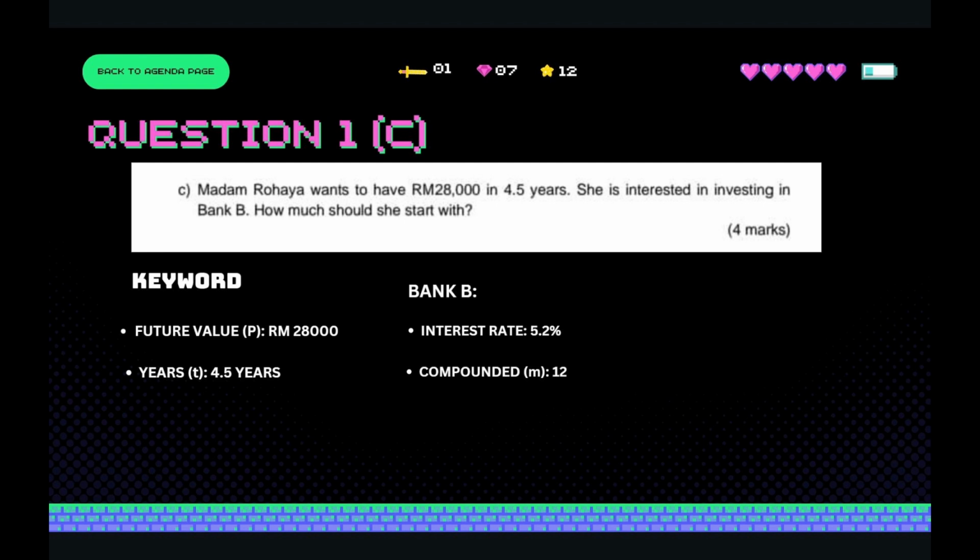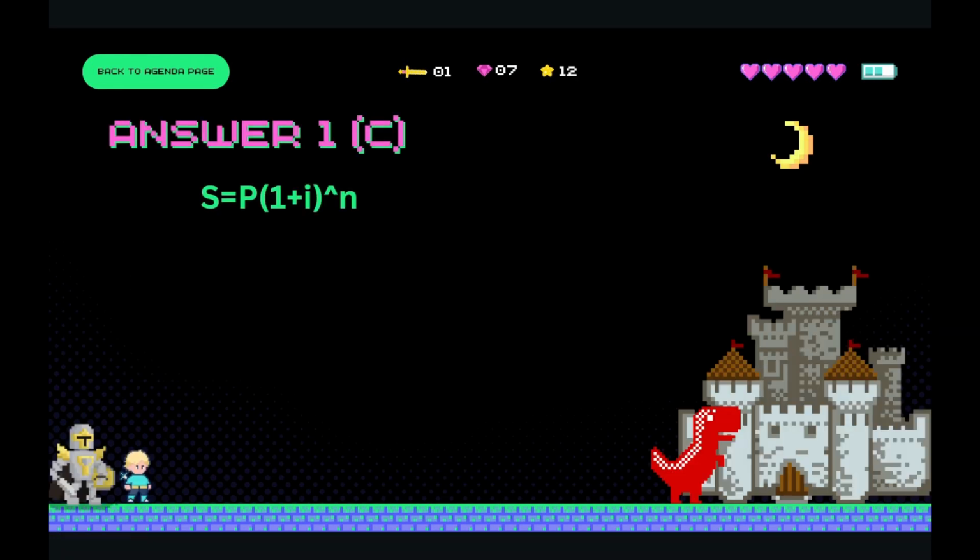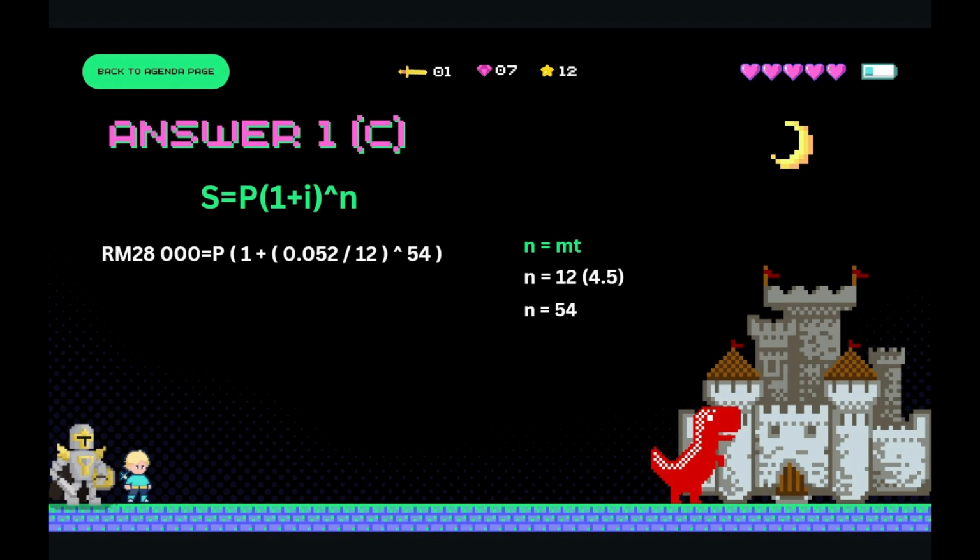S equal P bracket 1 plus I bracket power of N. The S will be substituted with 28,000 equal P will remain as P because we want to find P. Bracket 1 plus bracket 0.052 over 12, which is I, bracket power by 54 bracket.